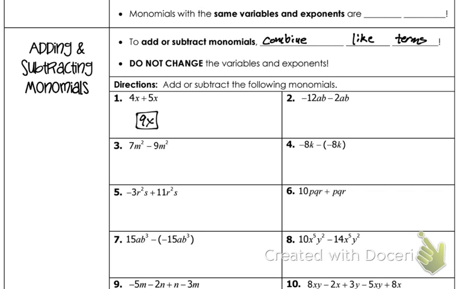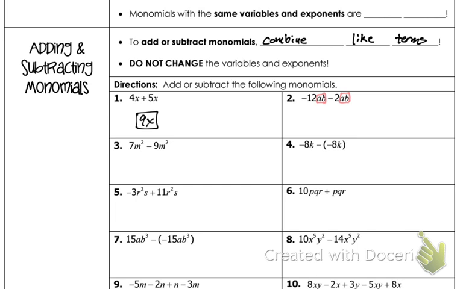All right, if I have negative 12ab, this is where we're stepping up a little bit from what we just did. Do you see how this ends in ab and this ends in ab? That means they're still like terms. If the variables match, they are considered like terms.